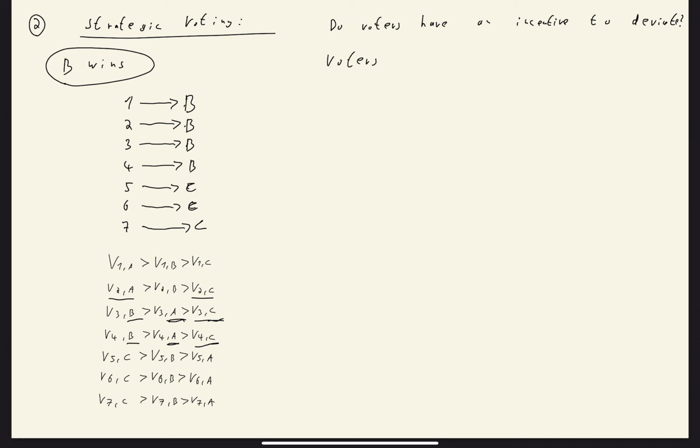And the steps here are very similar to the steps of the situation where A would win, because we now simply made sure that the most preferred candidate of voters 3 and 4 is winning. And at the same time, if you look at the preferences, it's also the second preferred candidate of voters 1 and 2.